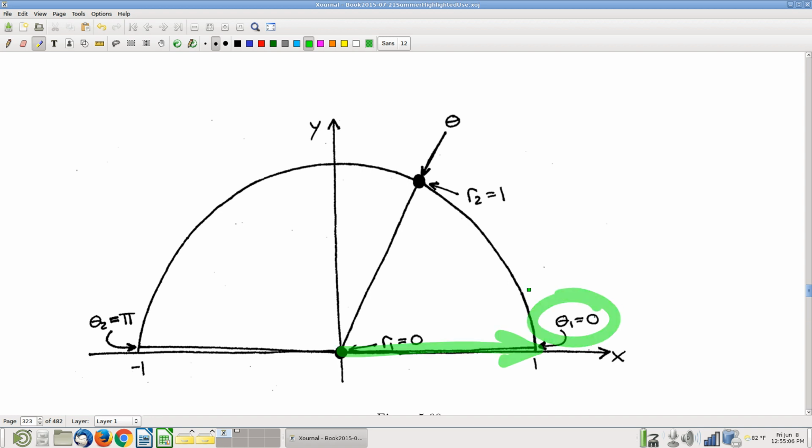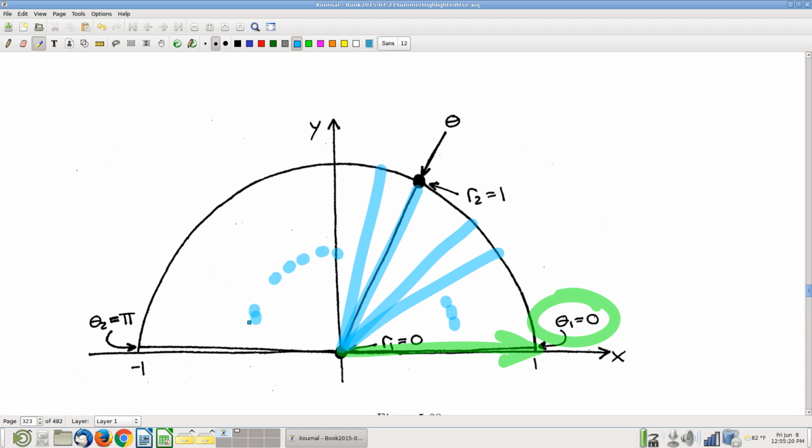There's my first theta slice, where theta is equal to 0. My continuing theta slices look like this, and they go on and on. And then my last theta slice looks like that.